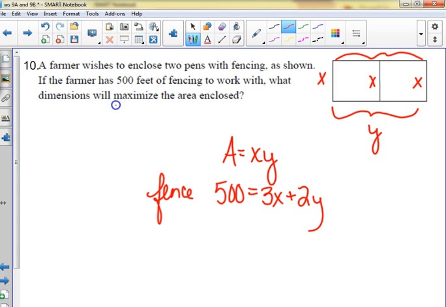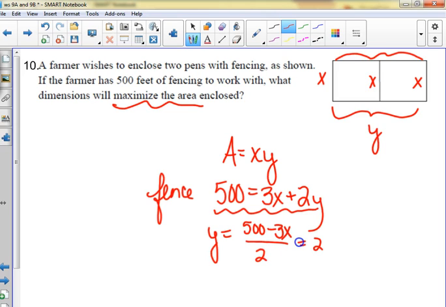We're supposed to maximize the area, so that's what we want to put in our calculator. So we need to get rid of the y maybe. How would you get this so that it said y equals 500 minus 3x all divided by 2, or 250 minus 1.5x if you wanted to use a decimal. And that goes back in here for the y.